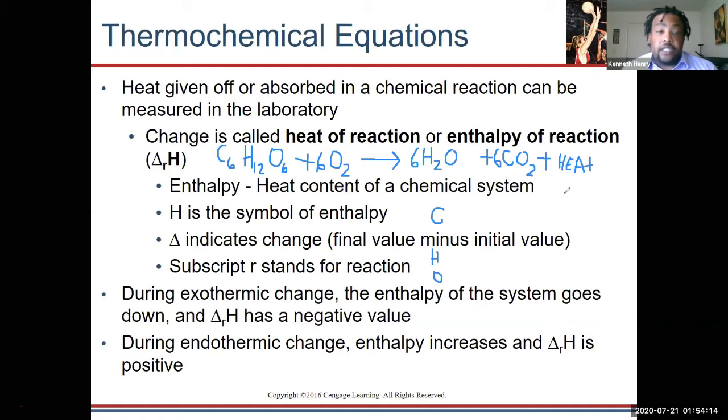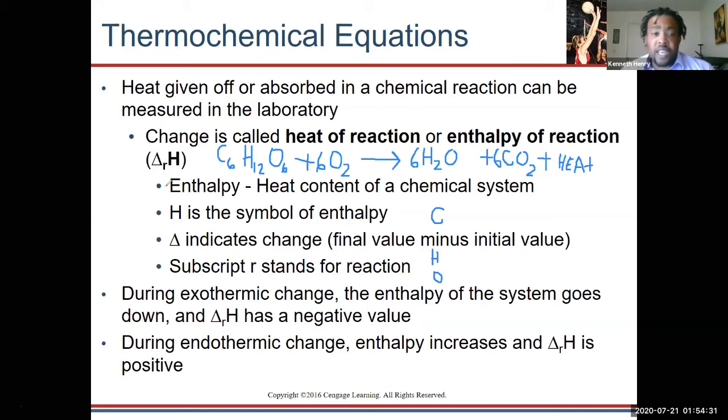Now, there's a couple of ways that we can write this equation. We can put a value for the enthalpy, plus that value, as a positive number on the product side.